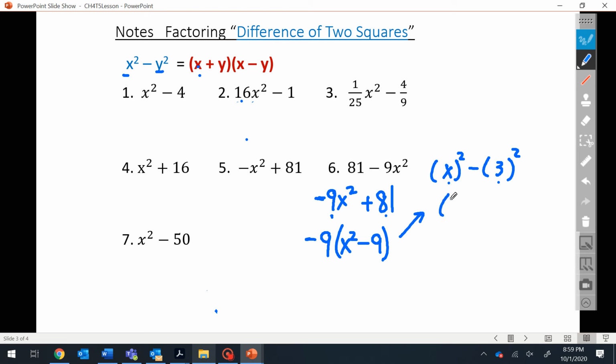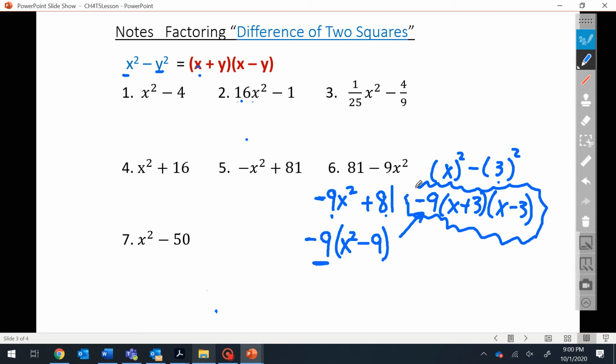So that means this factors into x plus 3, x minus 3. However, don't forget the negative 9 that's supposed to be in front. So I'm going to bring that over here, and this is my factored form of the original problem, 81 minus 9x squared. I get negative 9, x plus 3, x minus 3. And that's my factored form.